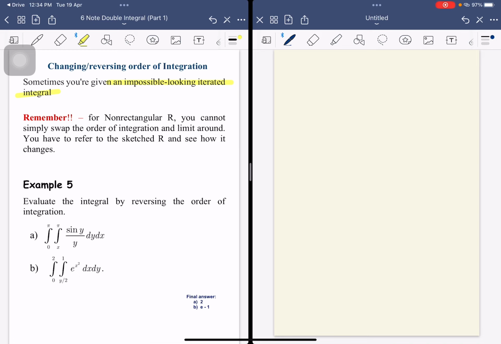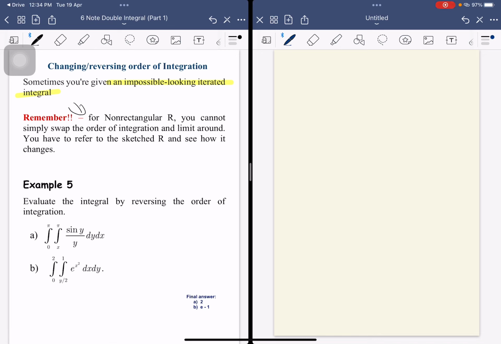Okay, and you must remember this part. For a non-rectangular region, you cannot just simply swap the order of integration like what we discussed in the previous videos.